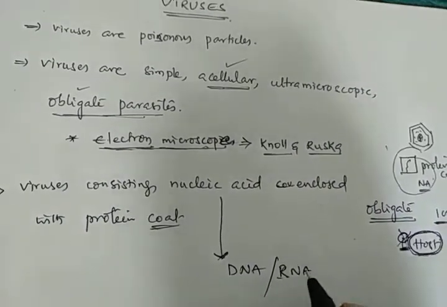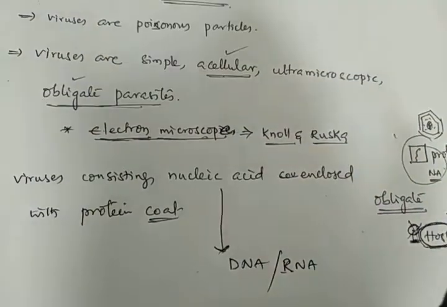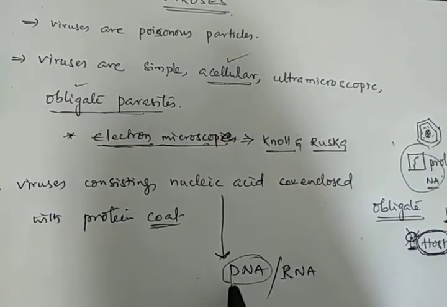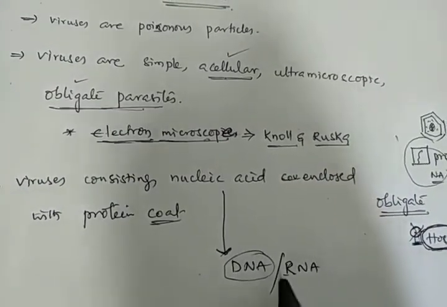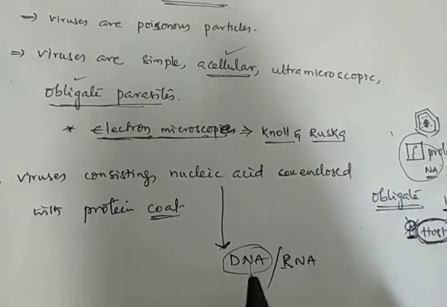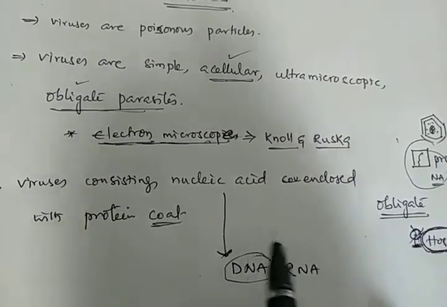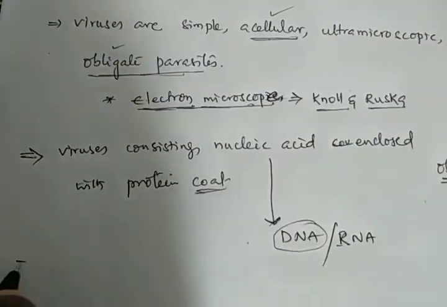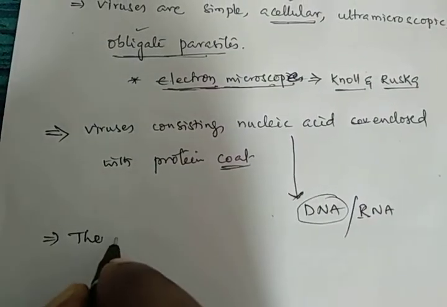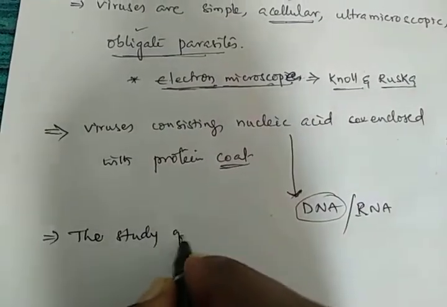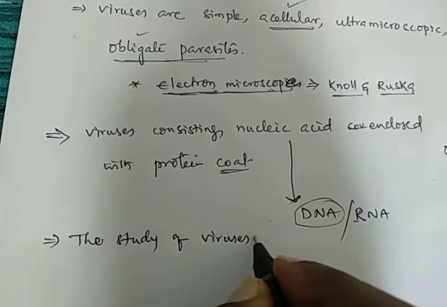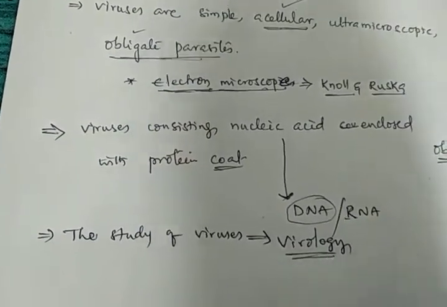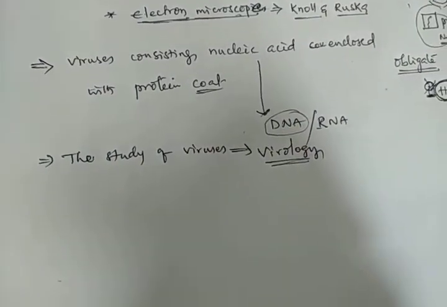Both nucleic acids are not present in a single virus. The virus may have DNA as its genetic material or RNA as its genetic material. Only one type of nucleic acid is present inside the protein coat. The study of viruses is called virology.